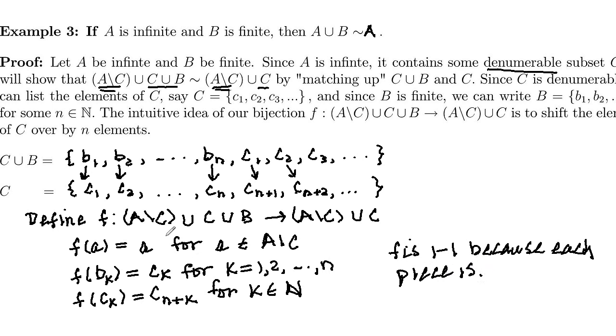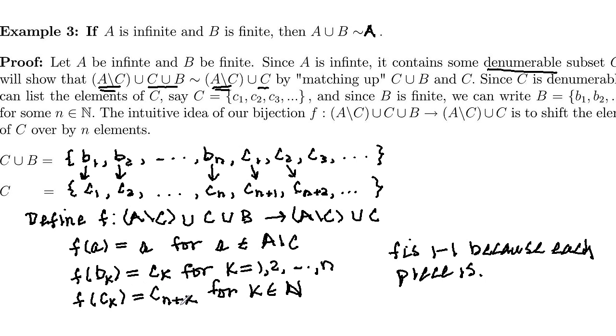So it's pretty clear to see, well, the identity function here, that's always 1 to 1. Different input, different output. This piece is 1 to 1. Different B's get matched to different C's, and same thing here. Different C's, you shift them by n, they get matched up with different outputs.